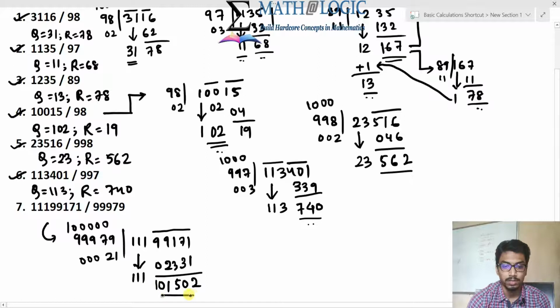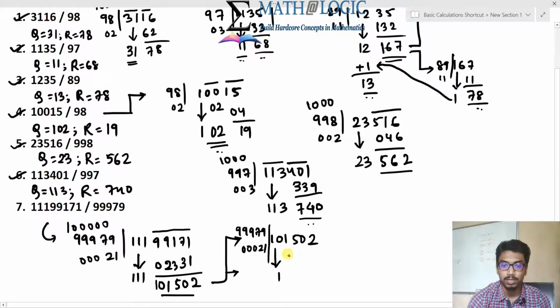Now this is 101502. See, again the difference, that is the remainder, is greater than the divisor. So again either you can subtract one time or you can divide it again. So 101502, if we divide it by this number, that is 99979, first this number is dropped as it is, so it was less already by 00021.